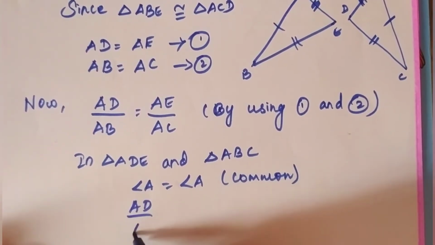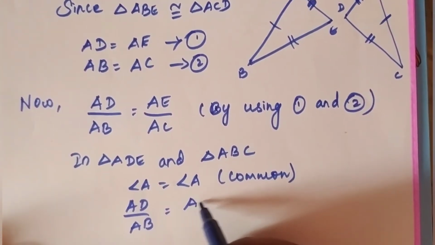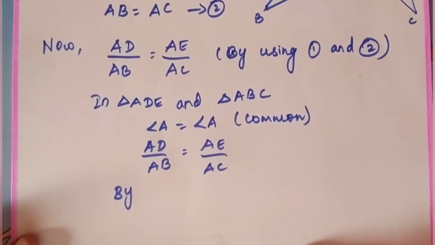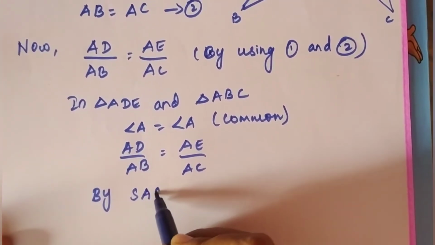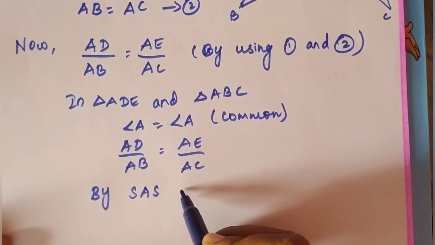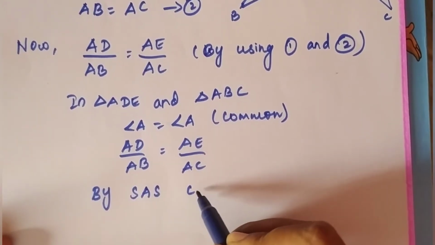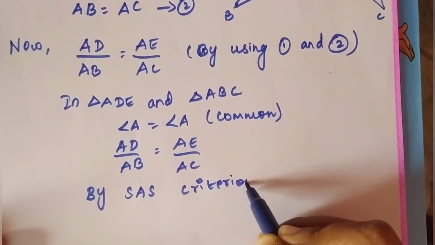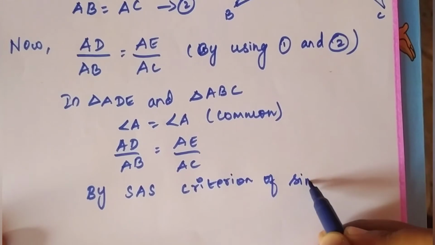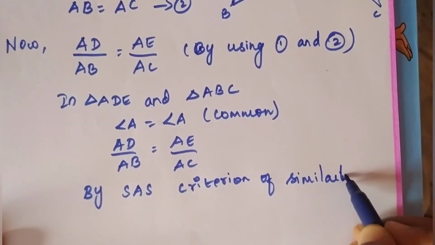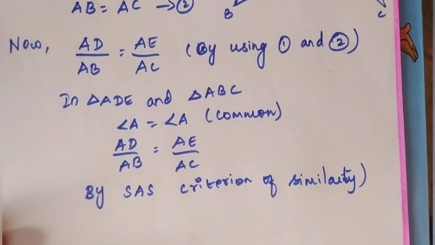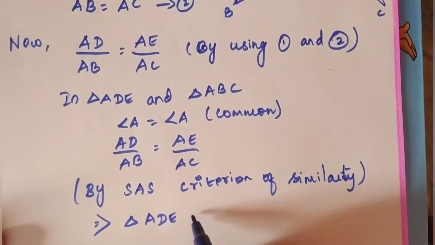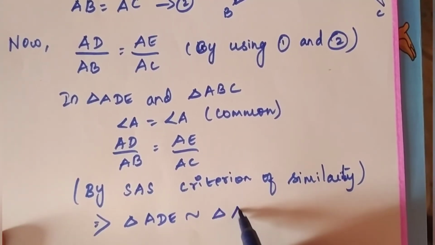So AD divided by AB is equal to AE divided by AC, then by SAS criterion of similarity, I can tell that the triangle ADE is similar to the triangle ABC.